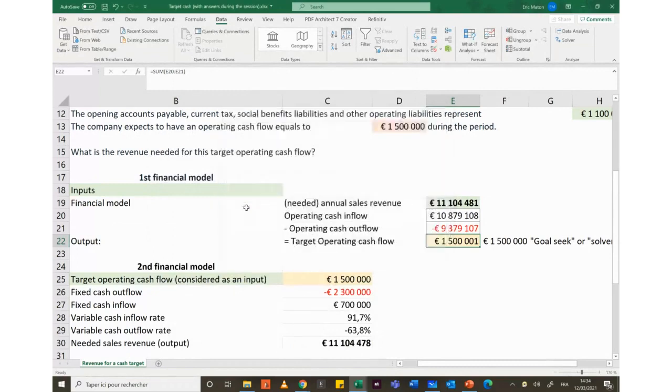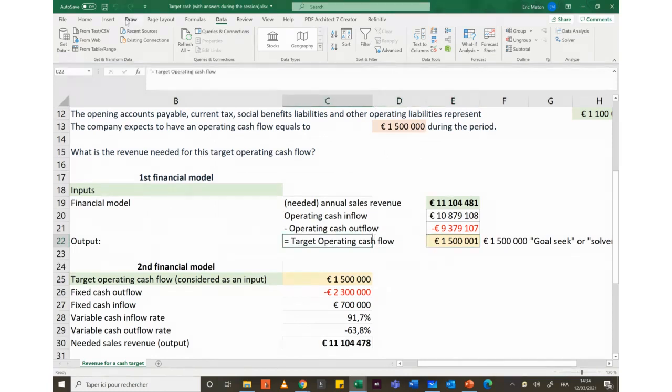Okay. And again, you have the same value. Small difference. I don't understand why, but normally you have the same value. Okay. It's because it's 1,500,000.1. It's because of the one.